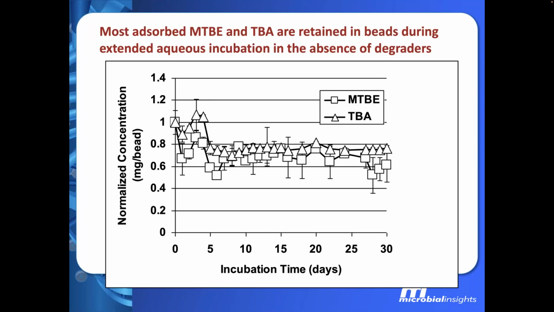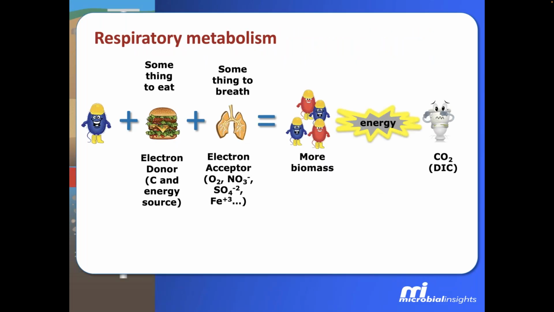Other more polar compounds like MTBE and TBA don't stick quite as well, but we will retain somewhere between 70 and 80% of the loaded MTBE and TBA on the beads during long periods of incubation, making them available for degradation of compounds in situ.